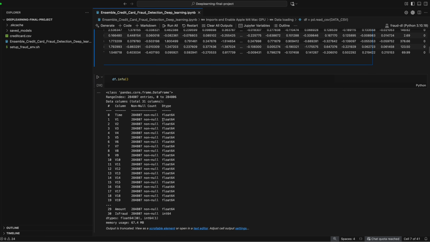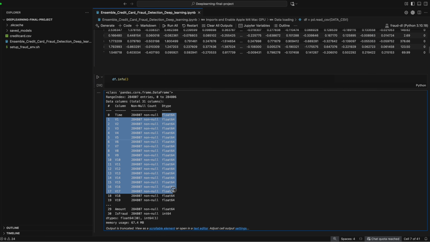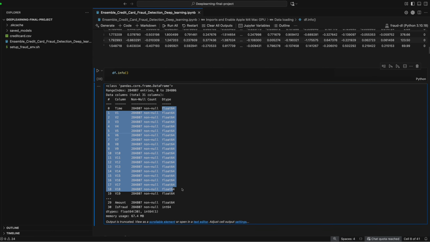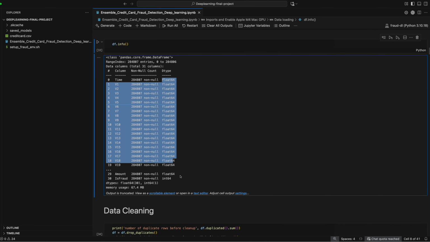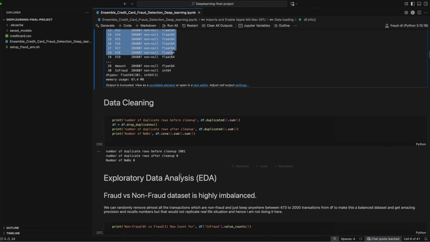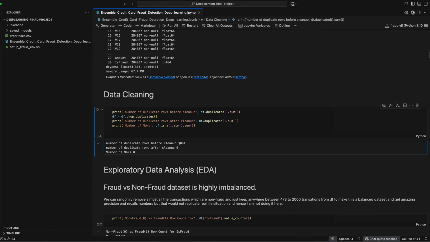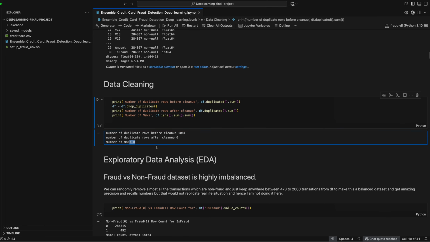And this is how our data types look. Most of them are either int or float. There was some cleaning done, so there were some duplicate rows which I have cleaned, and there are no NaNs, they were zero, so we are good with that.